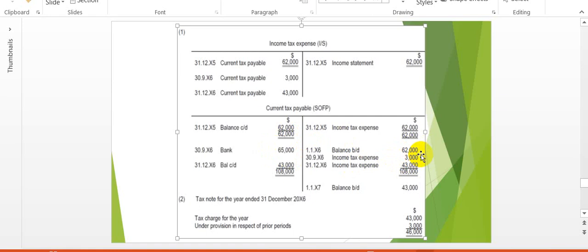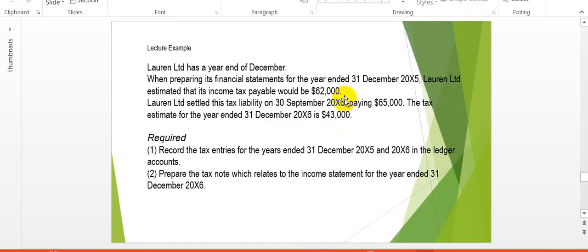We're now in 20X6. In 20X6, L Limited settles this tax liability. Okay, 65. The tax liability in 20X6 is how much?